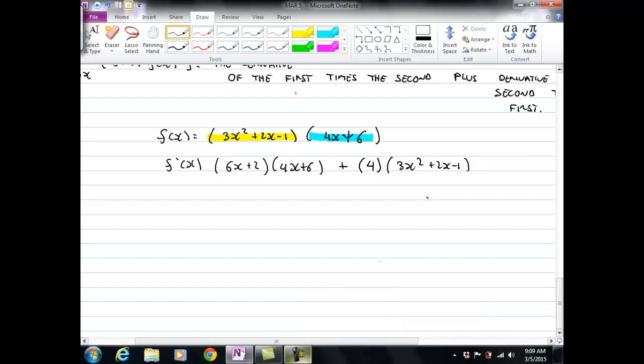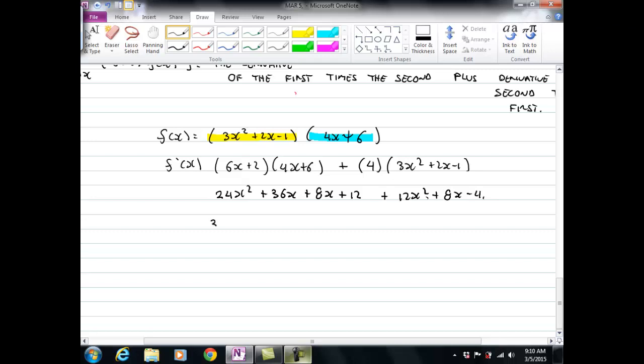I'm going to be working the same pace as you, so try to follow along and look if you're lost. 24x squared plus 36x plus 8x plus 12 plus 12x squared plus 8x minus 4. Now we're going to simplify.